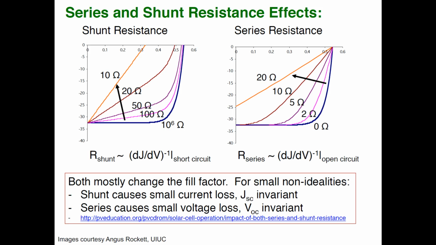So what I said is that the shunt resistance occurs due to the defects in your semiconductor material.